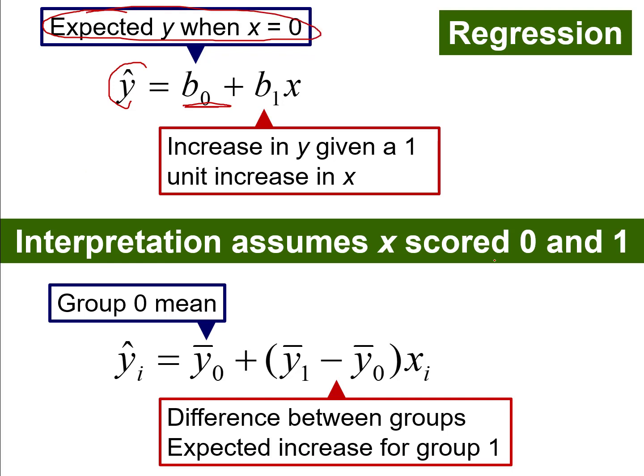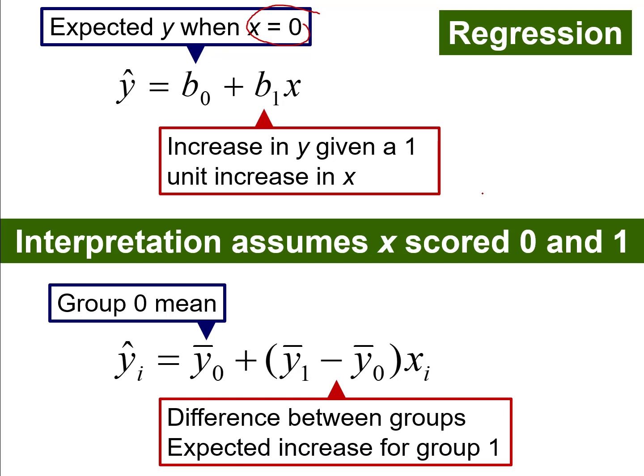Well, if you've scored things so that x is a group membership variable scored as 0s and 1s, so that 1 is your treatment group and 0 is your control group, then when x equals 0 is the same thing as saying if you're in group 0, if you're in the control group. And so the expected y when x equals 0 is simply the mean for group 0. Recall that if we have group membership, what is someone's predicted score on y?